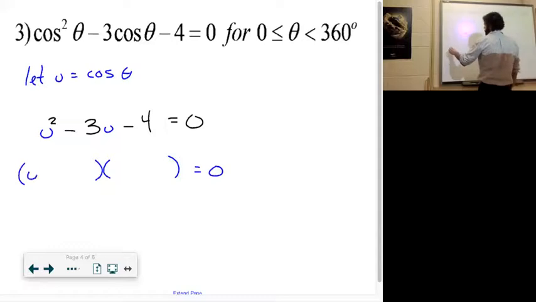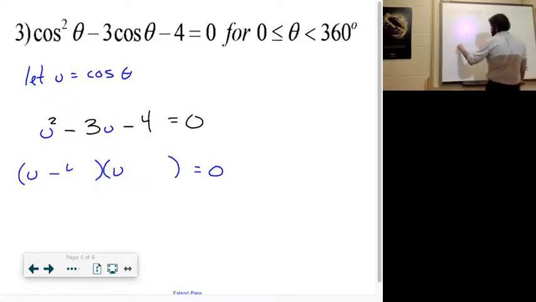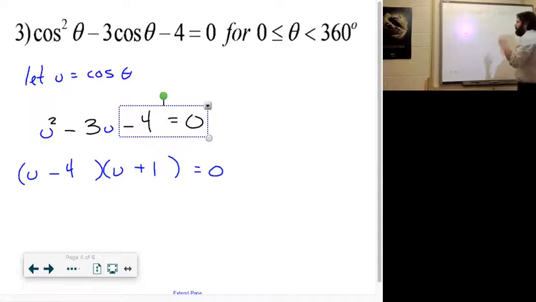Looks like it's going to be u and u, and then we have to check it out. So it looks like it's going to be minus 4 and plus 1 here. Again, just double check with mental math that if you multiply this binomial together, you get the original equation, and in this case we do.